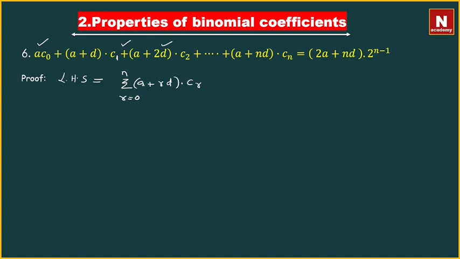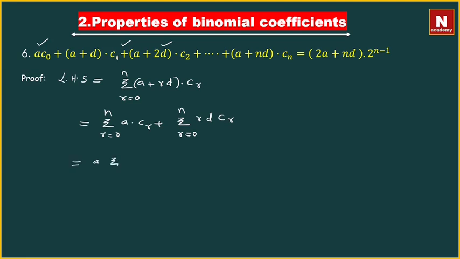Now this sigma applies for both the terms. See, sigma R equals 0 to n ACR plus sigma R equals 0 to n RDCR. Now this sigma is only for R, that's why A we can write outside the sigma.